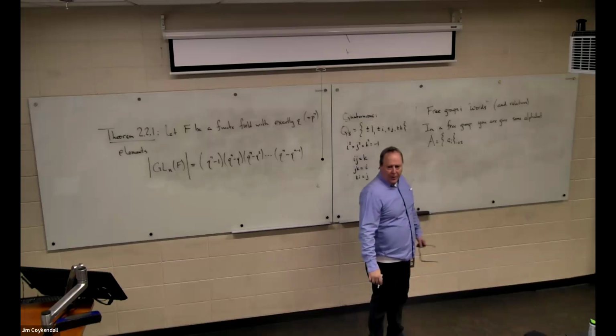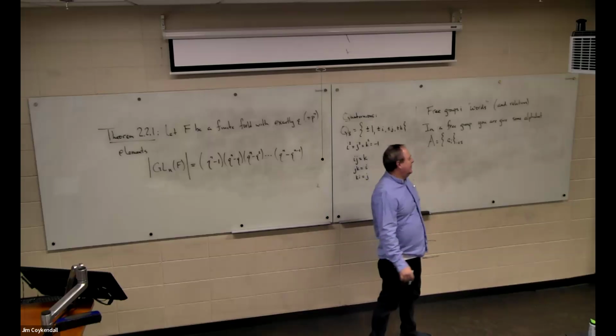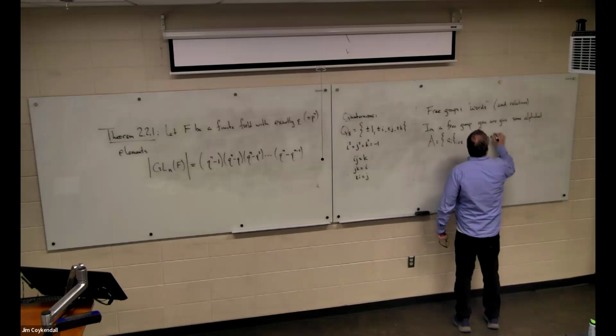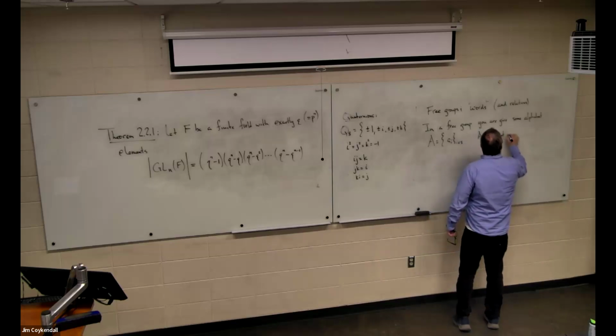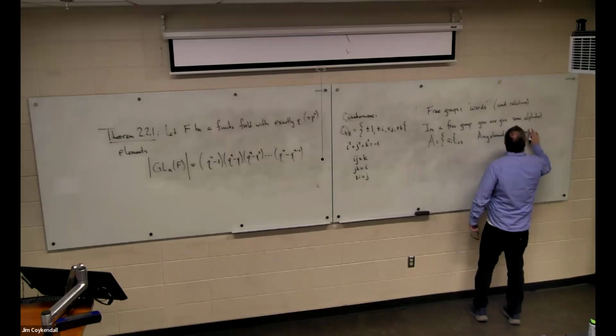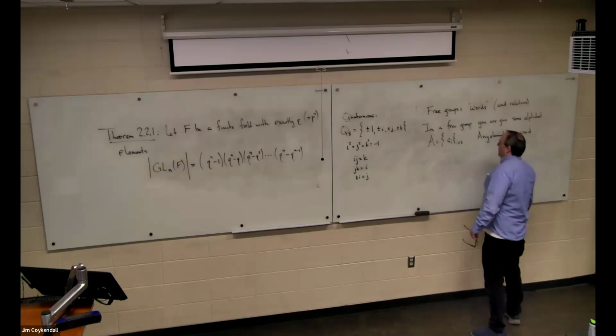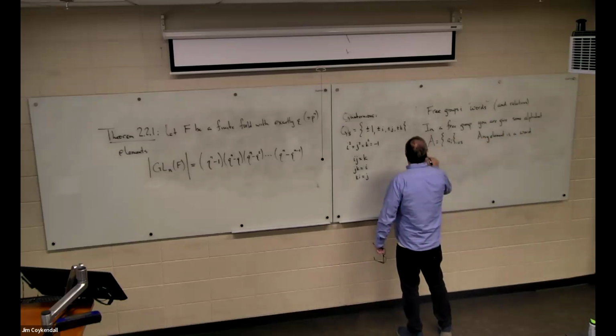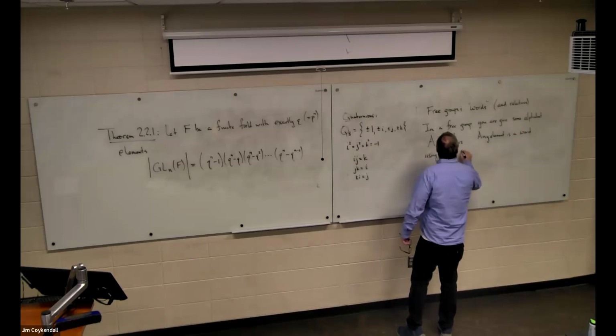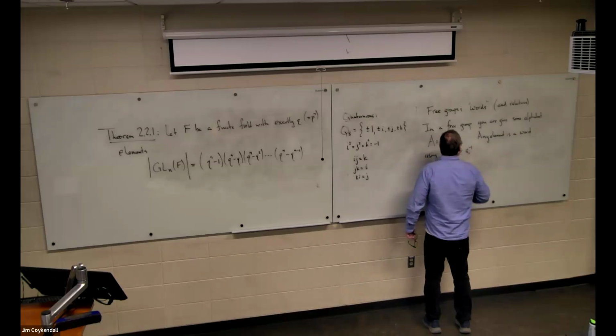Any element of the free group is just a word that you can make using the A_i and A_i inverse.